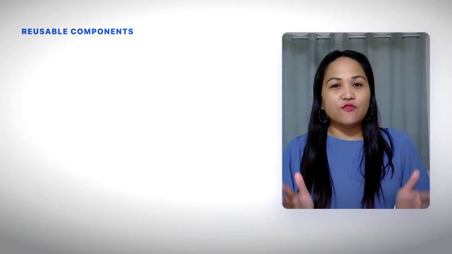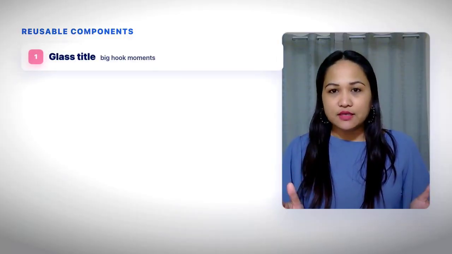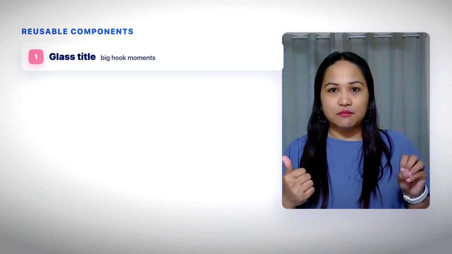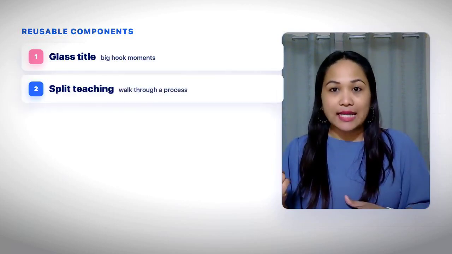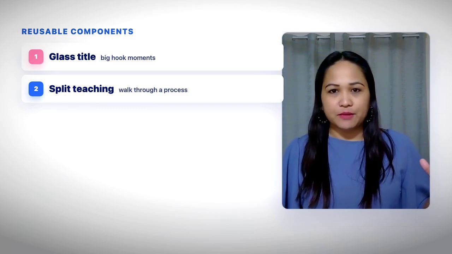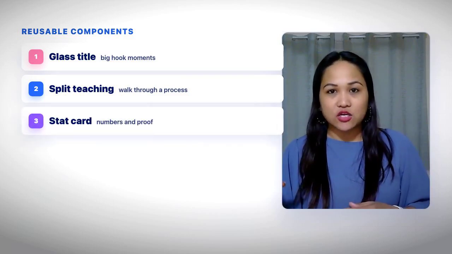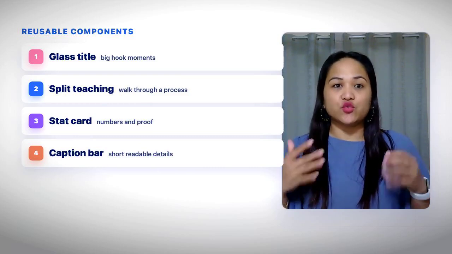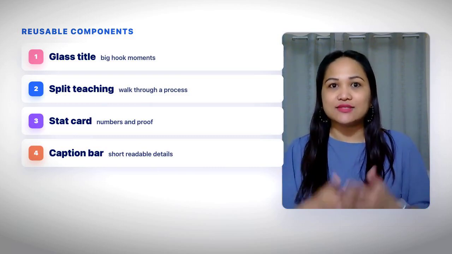But this next step is what turned this AI video editor into something that's reusable. So there are 4 real components that got built. A glass title card for big hook moments, a split teaching layout for walking through people or process, a glass tab card for numbers and proof, and a bottom caption bar for short spoken details that need to stay readable.